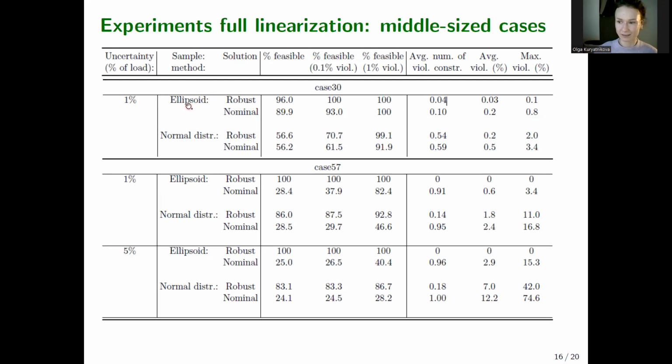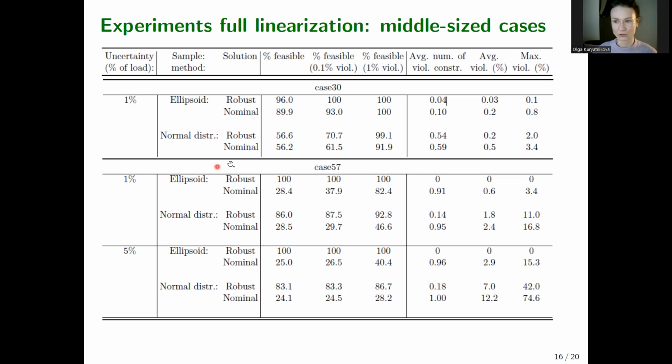We split into two types of uncertainty sampling. Before, I sampled from the normal distribution. He sampled from the normal distribution, saw that it doesn't work anymore, and really had to sample from the ellipsoid. So the robust problem which we get stays robust within the ellipsoid against which we ensure robustness.